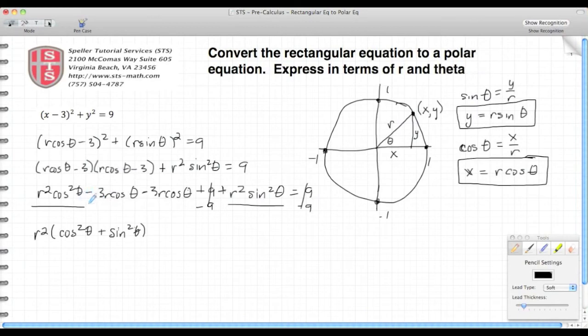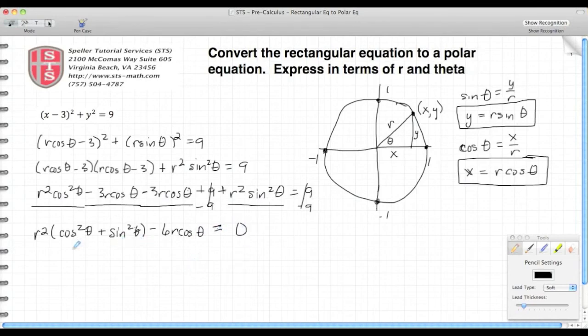And I'm going to combine this term with this term because they're both the same. I'm going to combine the two coefficients, so I get -6r cosine theta, and all that is equal to 0.